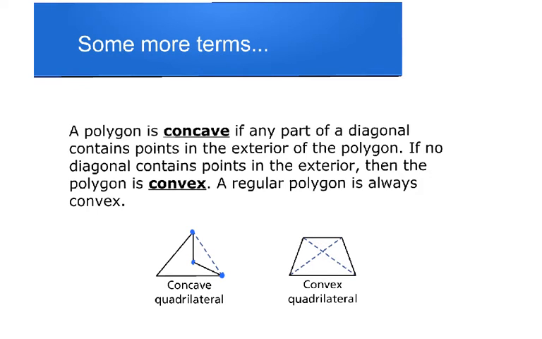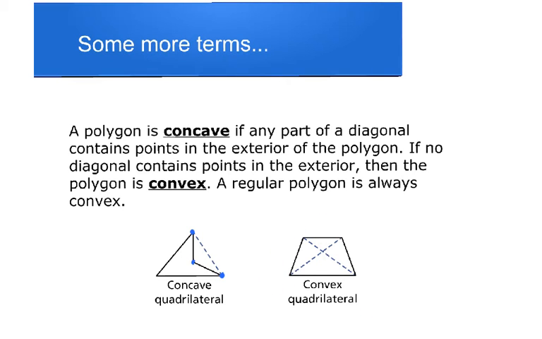And let's see, a convex. If no diagonals contain points in the exterior, then the polygon is convex. Another way you can say this, all the diagonals are on the interior of the polygon. So just like this figure right here.